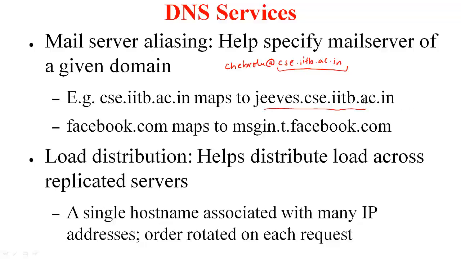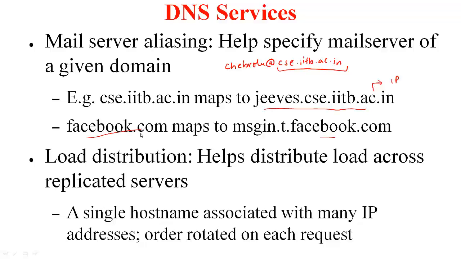As a consequence, I will resolve the IP address of this particular host name, again via DNS, and then I will send this email to that particular mail server. Similarly, msgin.t.facebook.com is the mail server corresponding to the facebook.com domain.